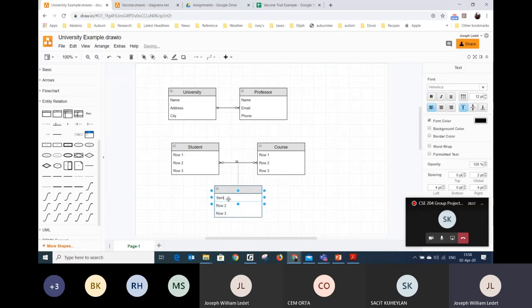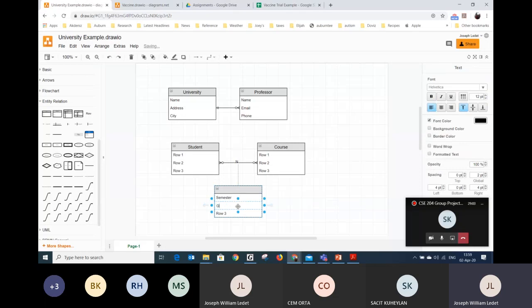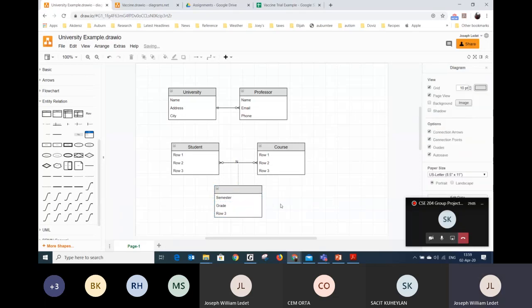So what semester is it? And when a student takes a course, they might also have a grade. So you can draw it this way, or you can draw it as a table between other tables. Whatever makes the most sense to you, you should go ahead and do that.